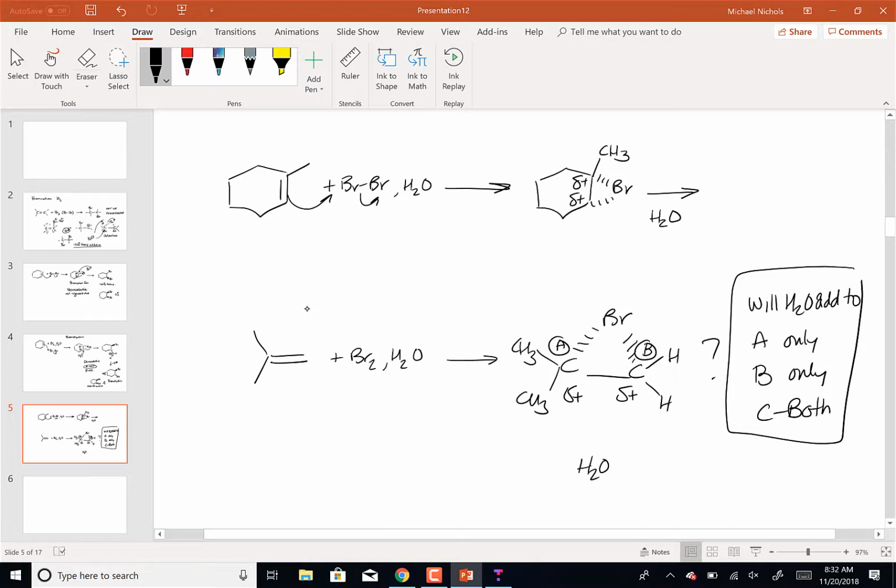Let me ask a question. Is this delta positive charge here, we normally don't care about its exact number, and I still don't care about its exact number, but which carbon do you think has the greater positive charge? A or B? Which one's more delta positive?